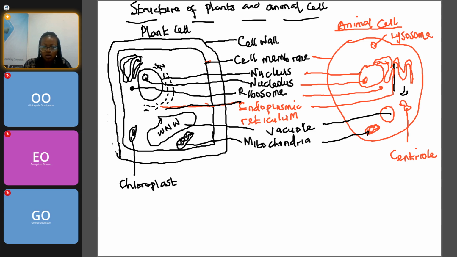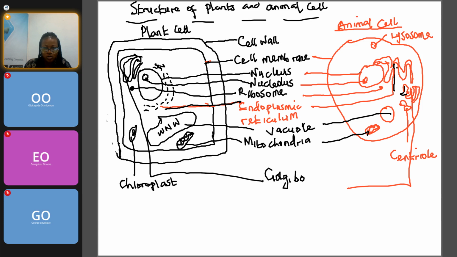This is how the structure looks. So we label this as the Golgi apparatus, or Golgi body. These are the major components in plant cells and animal cells.